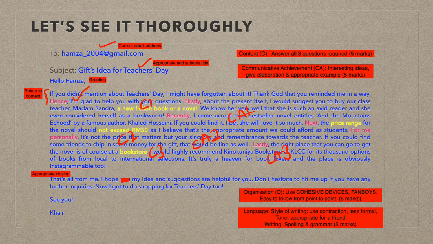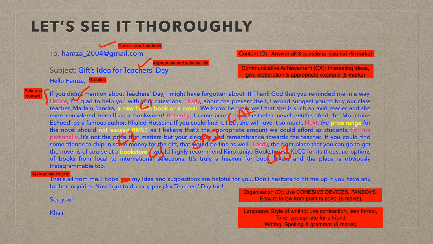Also, another marking criteria is organization. Okay, so O. From the beginning until the end, I use cohesive devices throughout the email. Okay, hence, firstly, recently, next, for me personally, lastly.